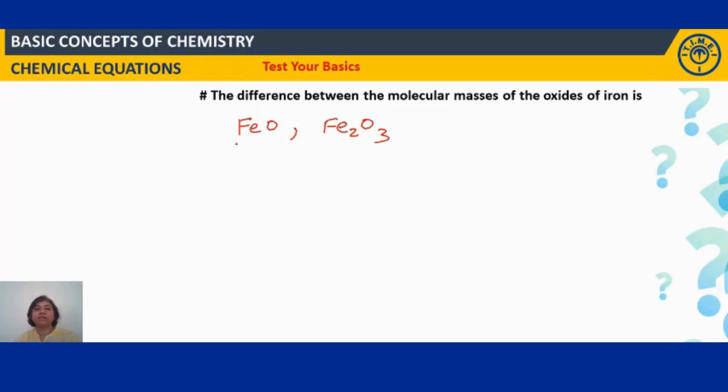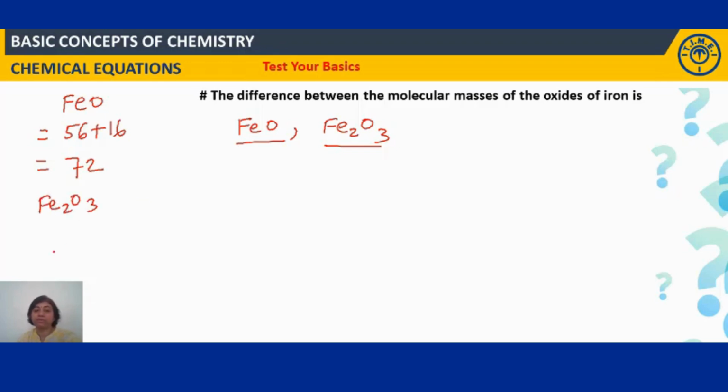Now you have to calculate the molecular mass of both of these and then you have to find out the difference. So molecular mass of FeO, how will you do it? In FeO, atomic mass of Fe is 56 and oxygen is 16. So what is the answer? 72, right?